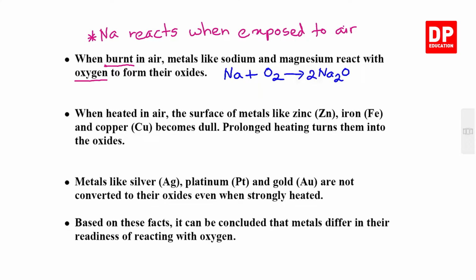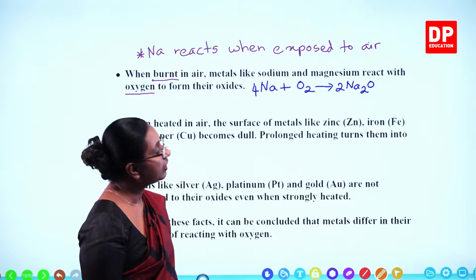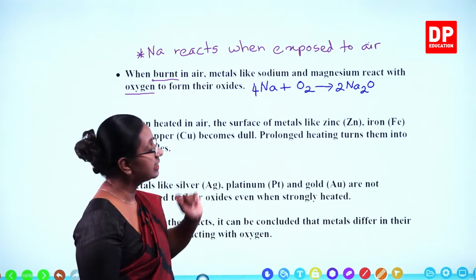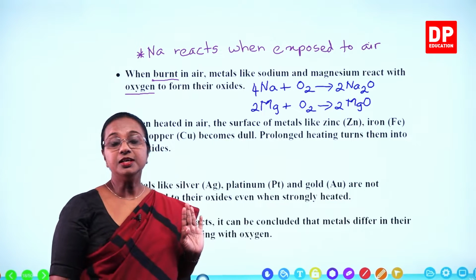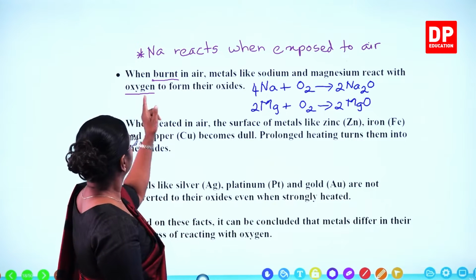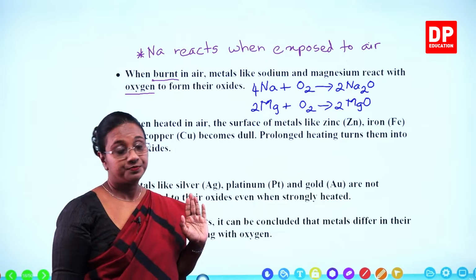To balance, 4 sodium plus oxygen gives rise to 2 Na2O. That's the balanced equation. In the same way, magnesium plus O2 gives rise to MgO, so 2 Mg and 2 MgO. Those are the two reactions, and the reaction is fast.